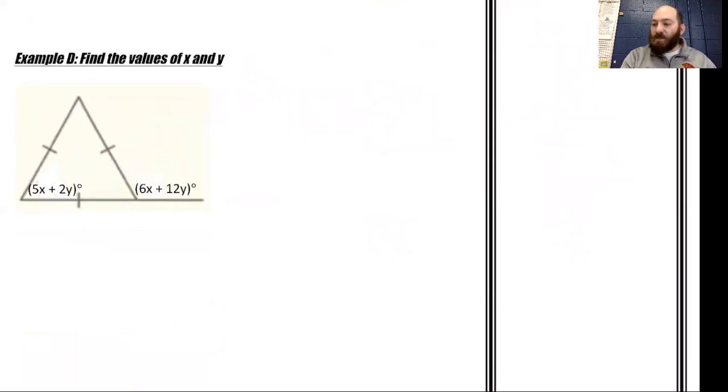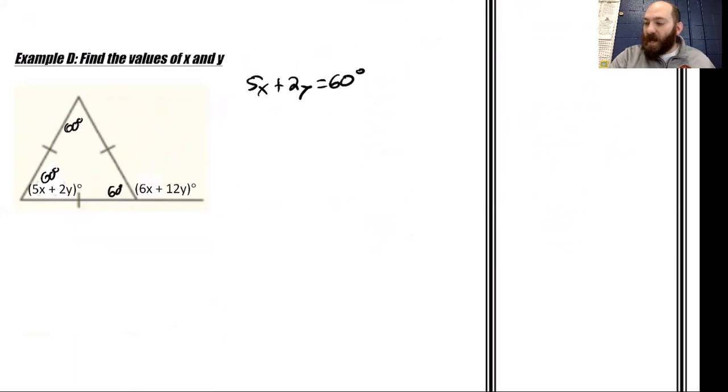Okay, this one down here is going to be another system of equations to solve. So I'm going to start by recognizing that I have an equilateral triangle. So that means all angles inside are 60 degrees. So that means that I can set up my first equation as 5x plus 2y equal to 60.